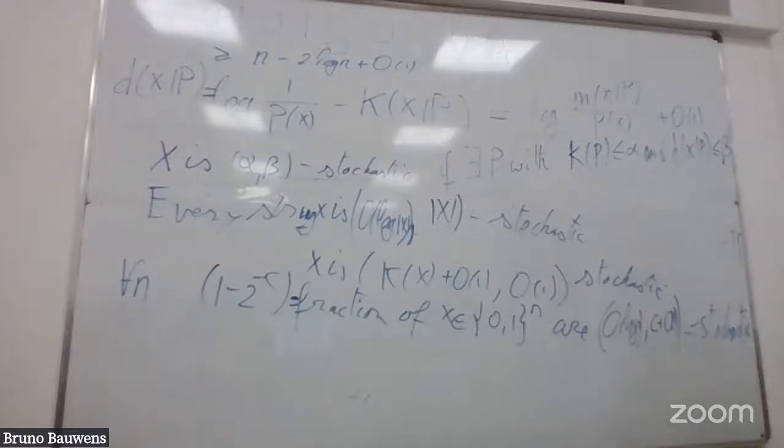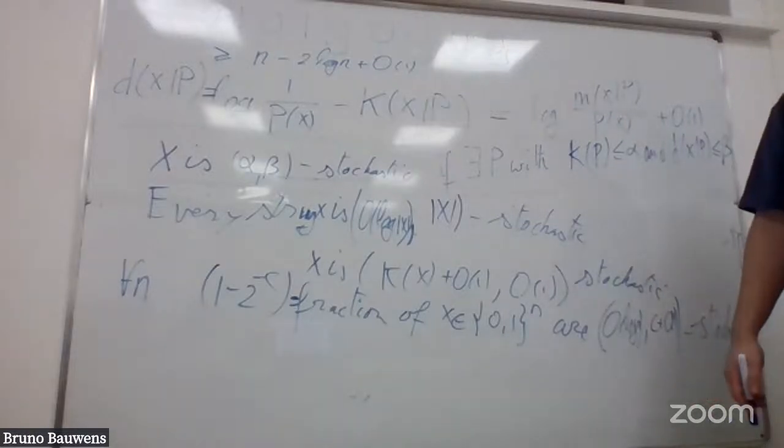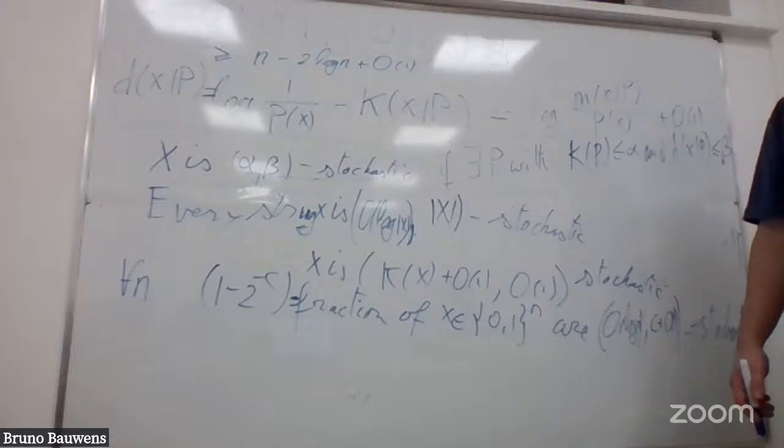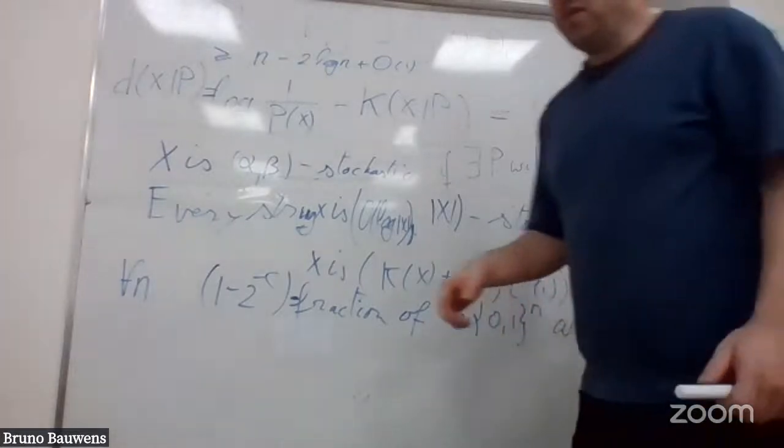Okay, there exists another definition of randomness deficiency based on sets.